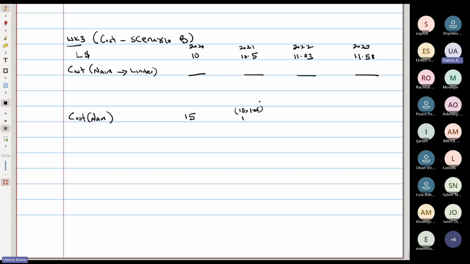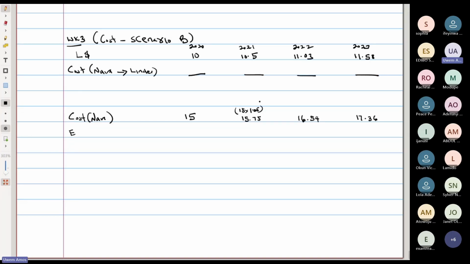So that's 15.75 multiplied by 1.05, 16.54. 16.54 multiplied by 1.05, 17.36. Okay, so let's get our exchange rate now.